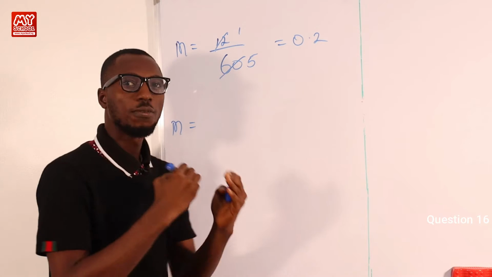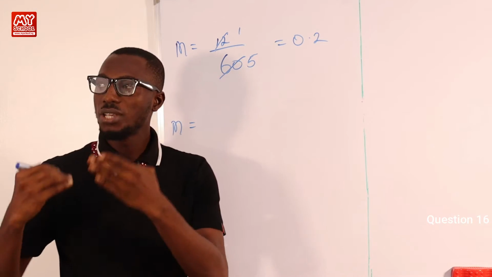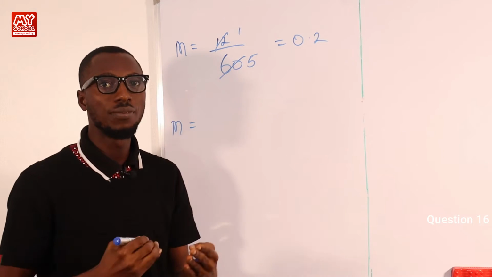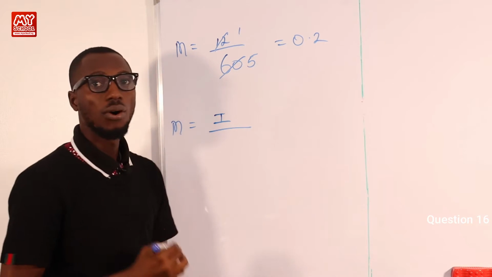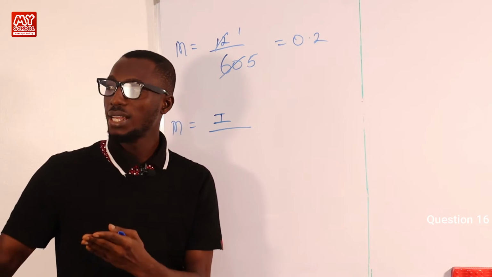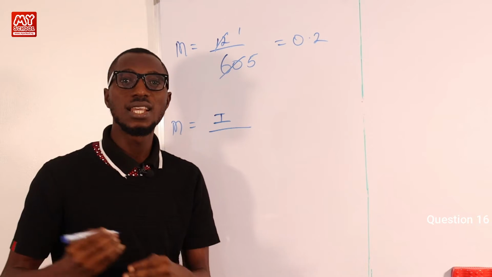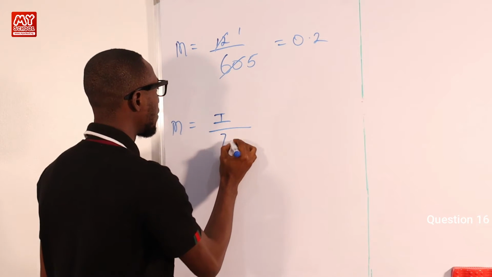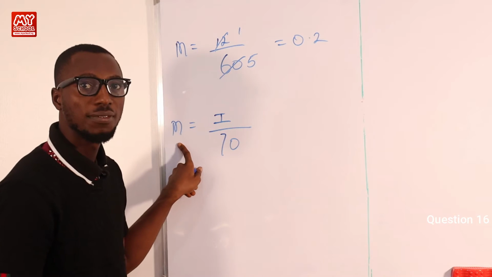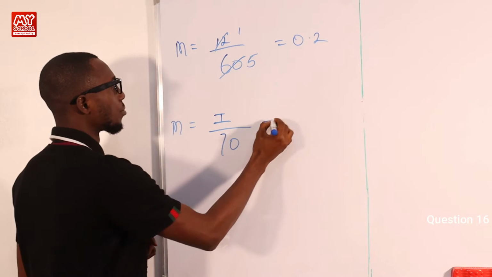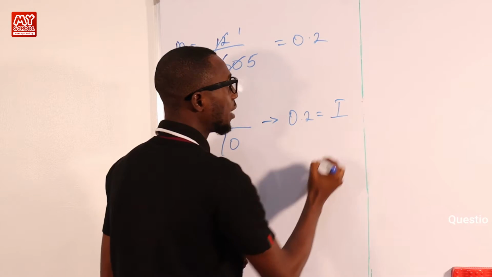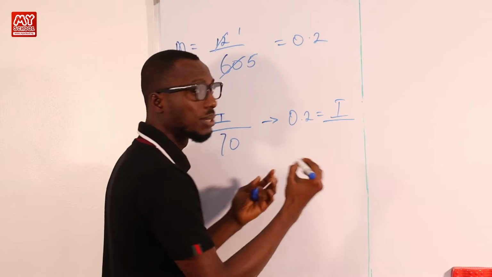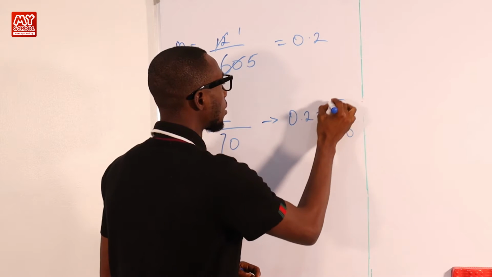So we are asked to find the image height. So that will be I over the object height. We are told that the object is 70 cm high, and that is 70. Already we have gotten a magnification of 0.2. So we would have 0.2 equals the image height over the object height, which is 70.